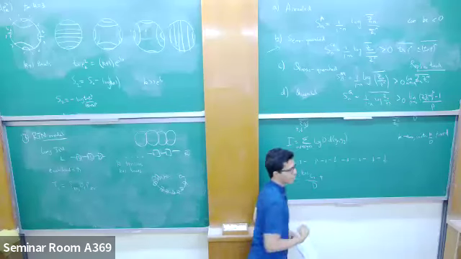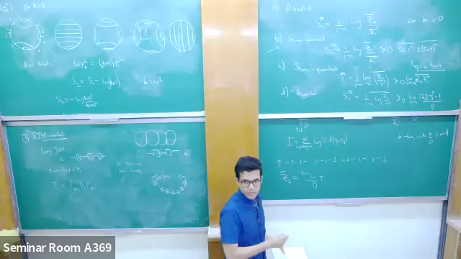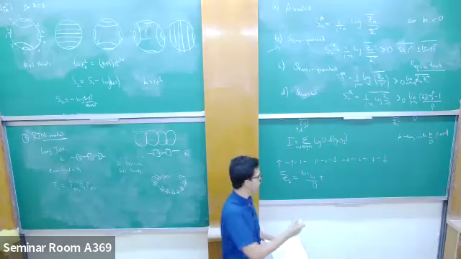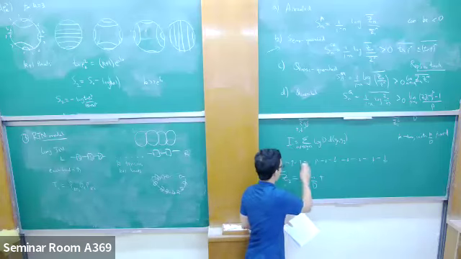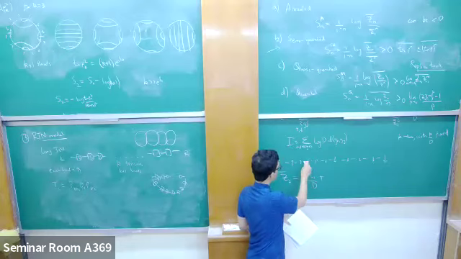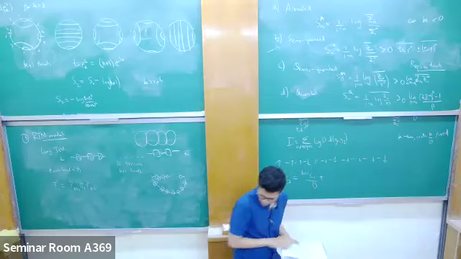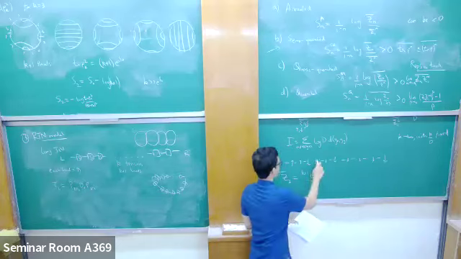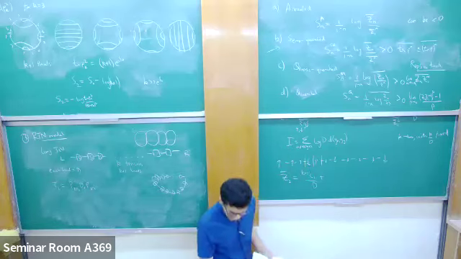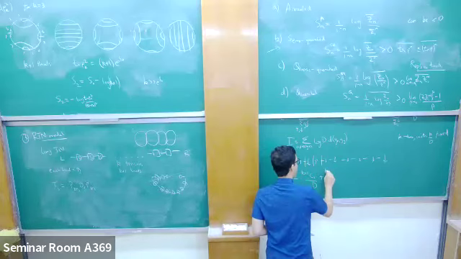Then you can have multiple domain walls. So instead of having one domain wall, you can have 3 domain walls. So that's a situation where you have up, then down at some point. So there's first domain wall here, then another domain wall here, and then another domain wall here. It's going to be 3 domain walls. And similarly for every odd number.